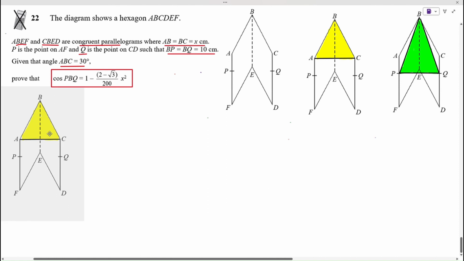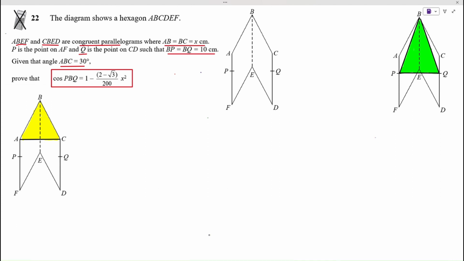We know that the sides AB and BC are x centimeters. We know that the angle ABC is equal to 30 degrees. And so from here we have to find the length of AC. Finding the length of AC will give us the length of PQ on the triangle that we have remaining.